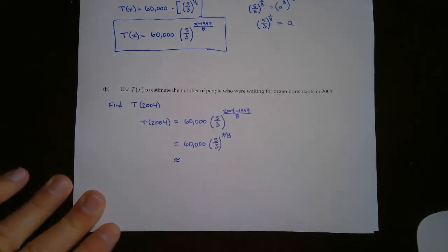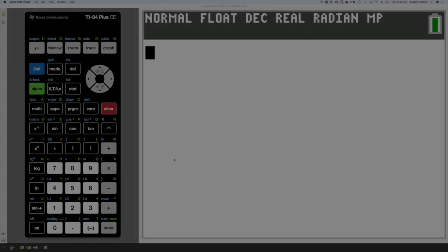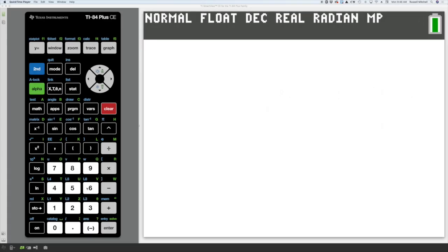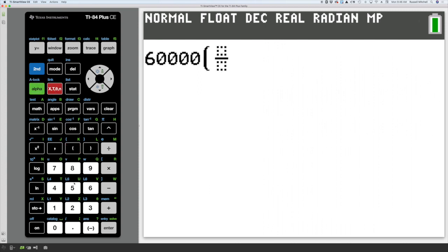All right, so let's go to our calculators now. In our calculator, we're going to type in 60,000, and then parenthesis and then our fraction bar. It was 5/3. Then come out of the fraction and close your parenthesis. And then raise that to the 5/8 power.